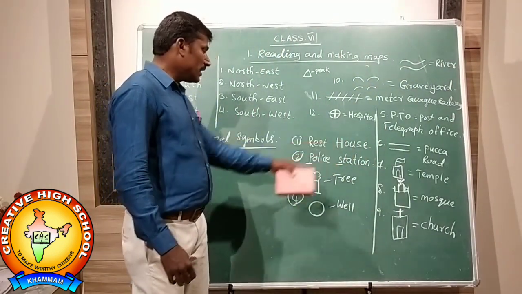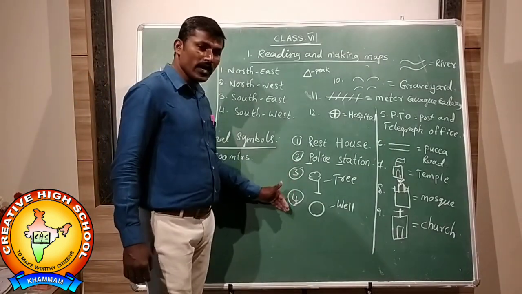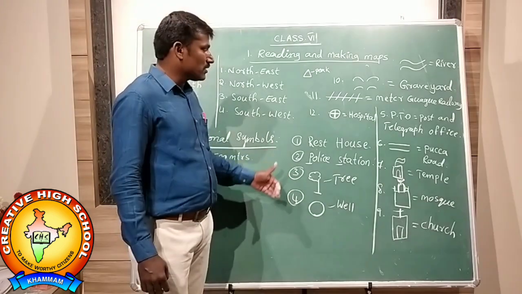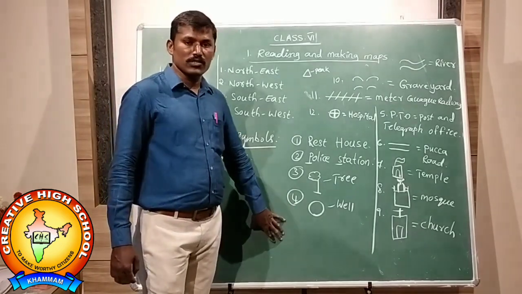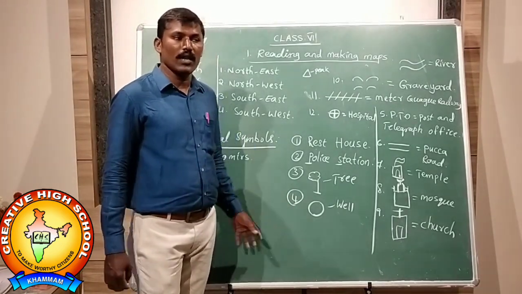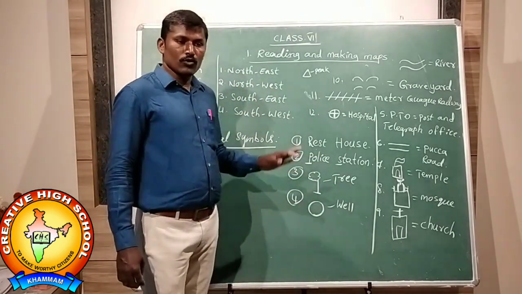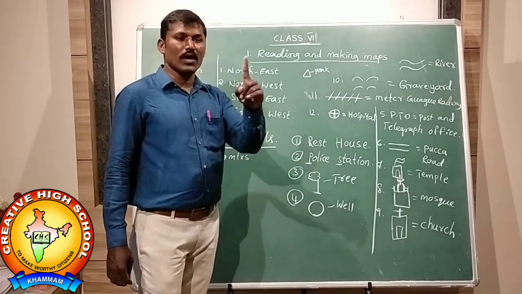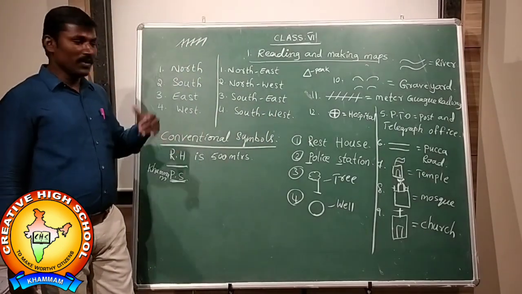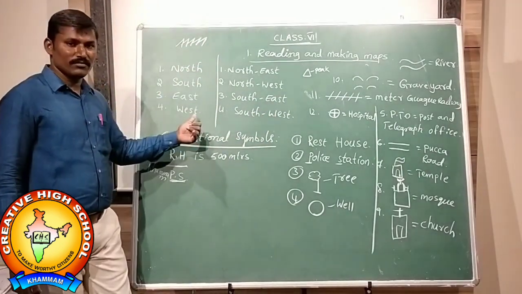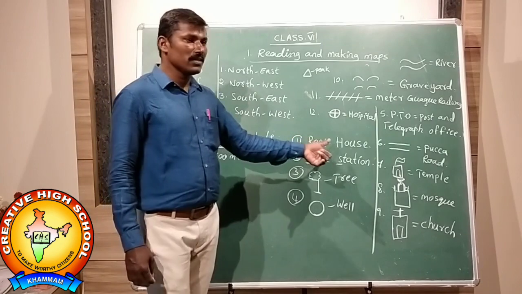These are the different kinds of symbols we are using to point out or to reach one particular place from another. Without using these symbols, we are unable to point out or reach any one particular place. So, to reach from one place to another place, what is needed? Directions are needed. How many directions are there here? 4. And here different kinds of conventional symbols are there.